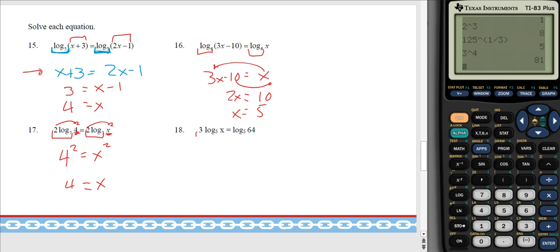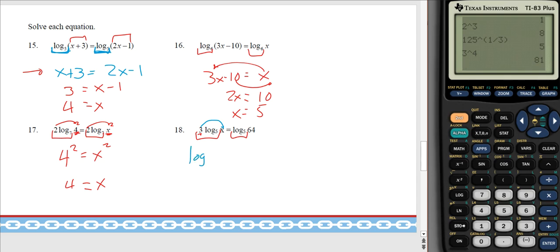In 18, they're not the same, right? So I have 3 log 5 of x and log base 5 of 64. So I need to get this 3 here out from in front of the logarithm. So the power property says I can make that an exponent on the x, right?